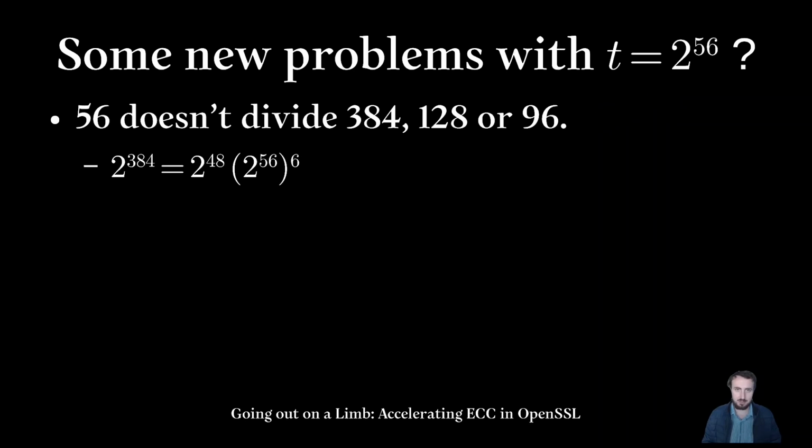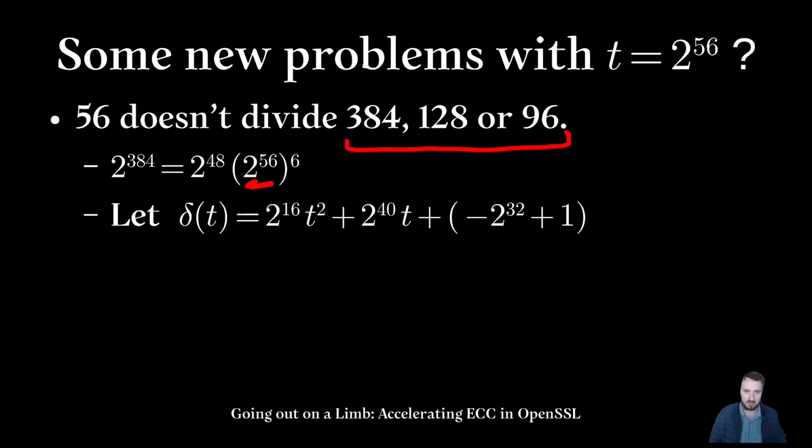And so sadly, because 56 doesn't divide any of the exponents involved in the way our prime is represented, we run into the problem where our natural modulus is now no longer a power of our radix here, 2 to the power 56, and so the maths from here on out starts looking a bit funky.